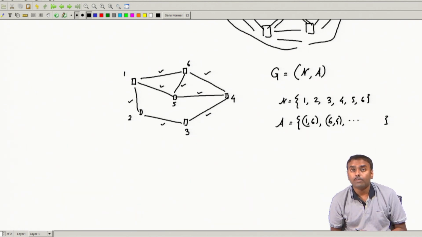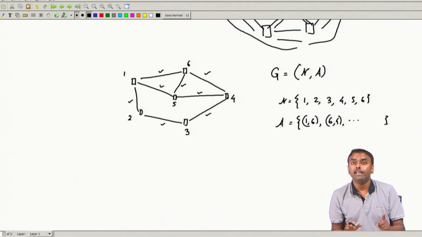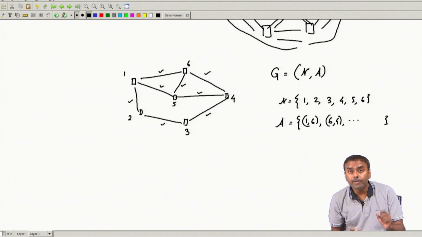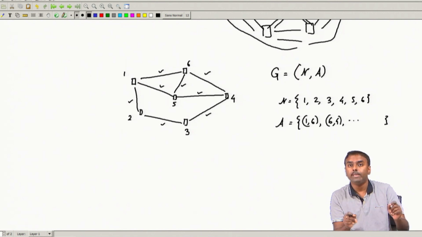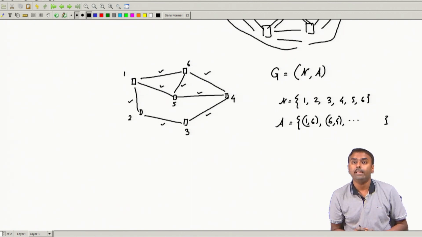Okay. Now, from this graph we have to construct a tree structure where there is no loop, but we have to span the entire network. That means all nodes should be there, and they must be connected via some links.